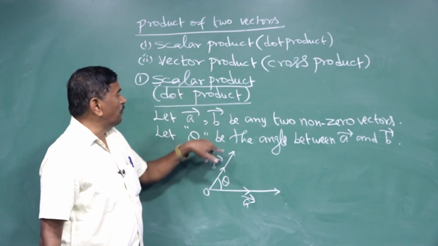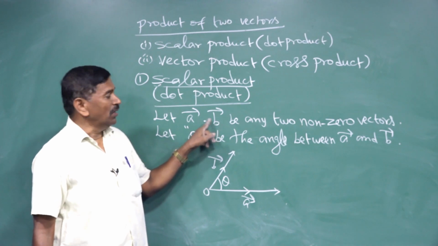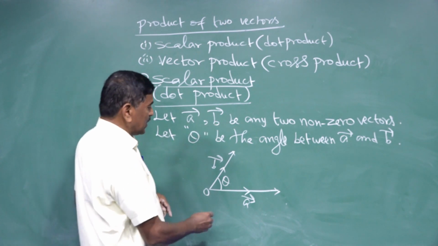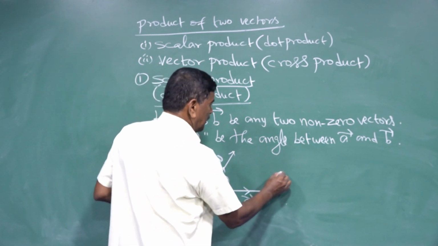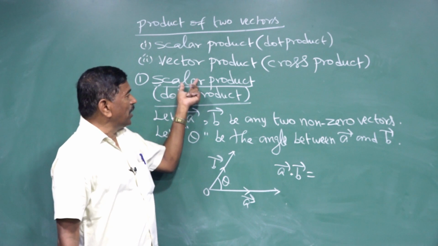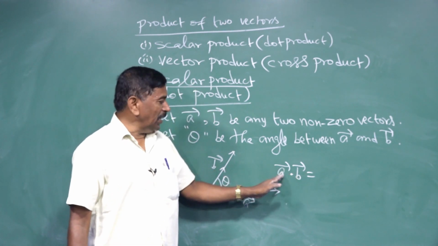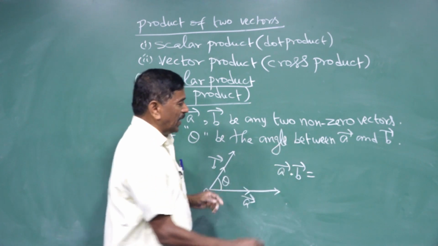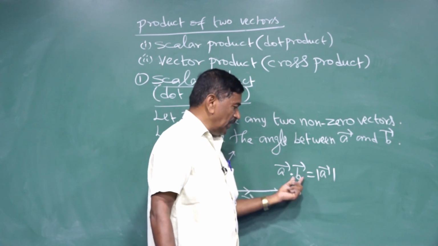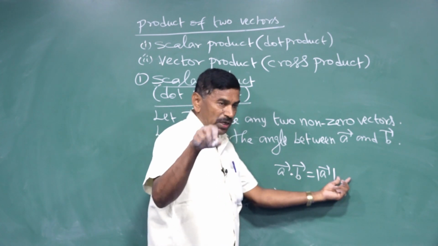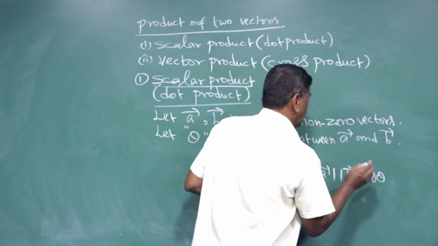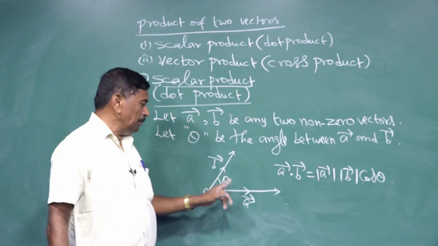The scalar product of A vector and B vector is given by A vector dot B vector, defined as modulus A vector into modulus B vector into cos theta, where theta is the angle between A vector and B vector.